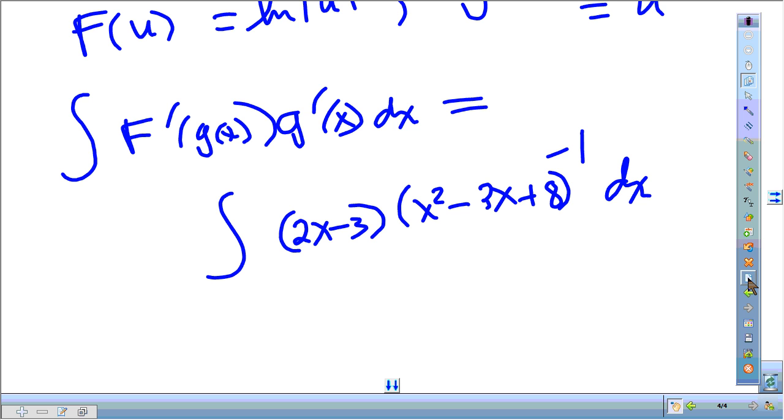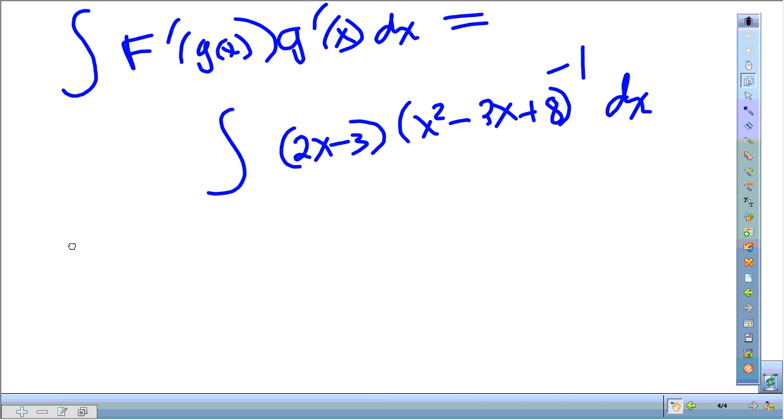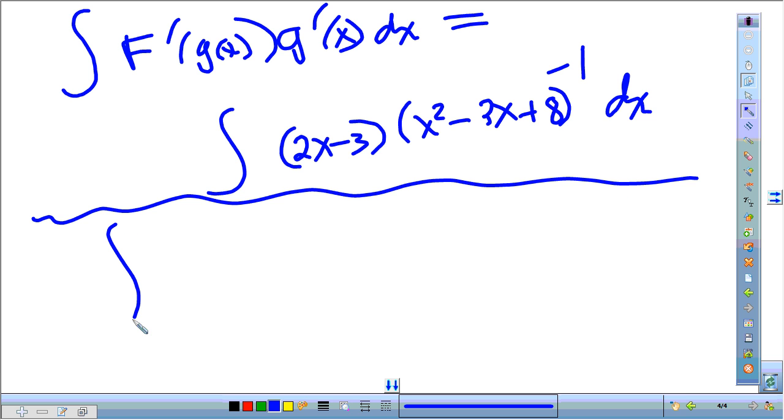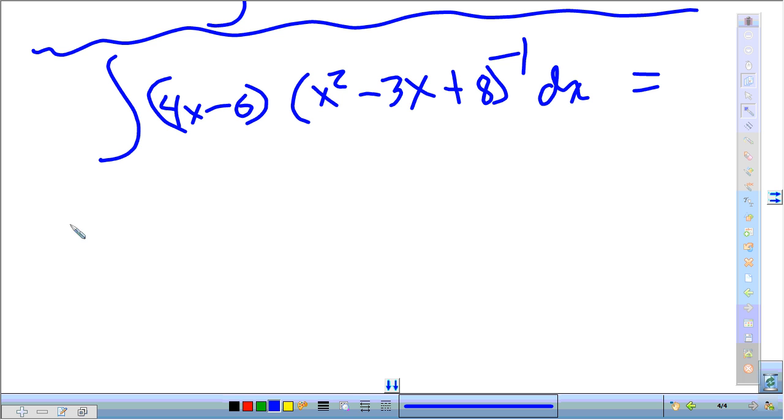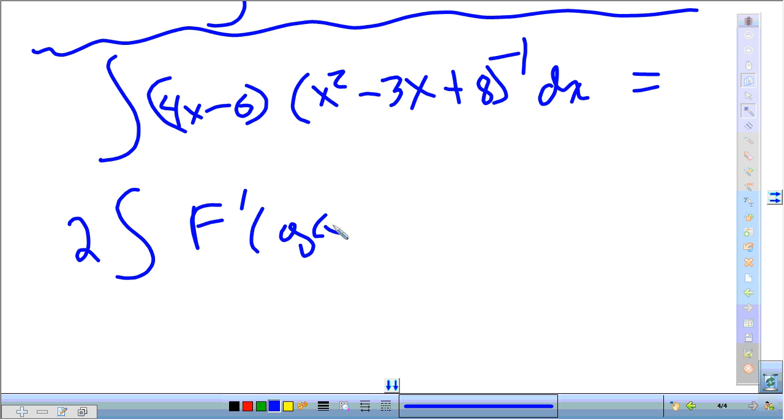So, using constant coefficients, my integral 4x minus 6 with x squared minus 3x plus 8 exponent minus 1 is 2 of the f prime of g of x, g prime of x dx's.